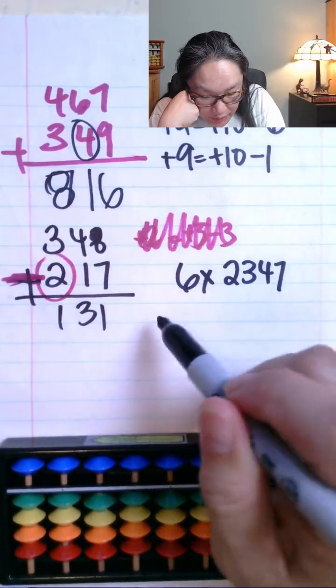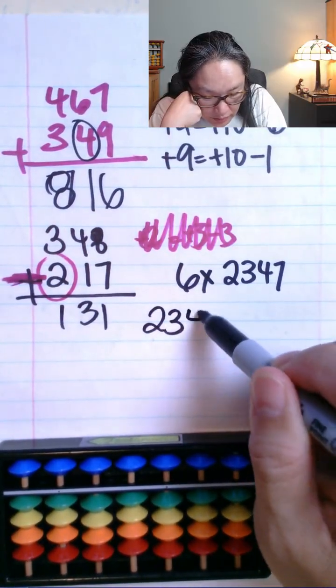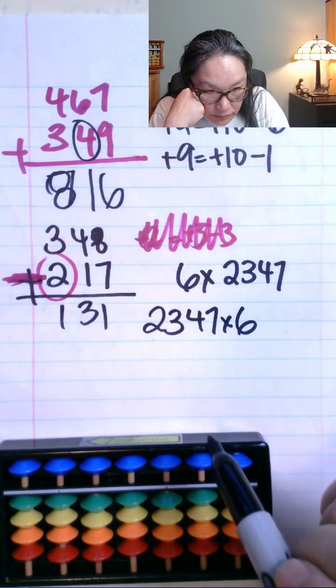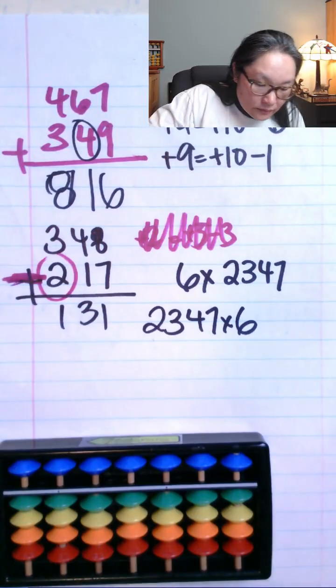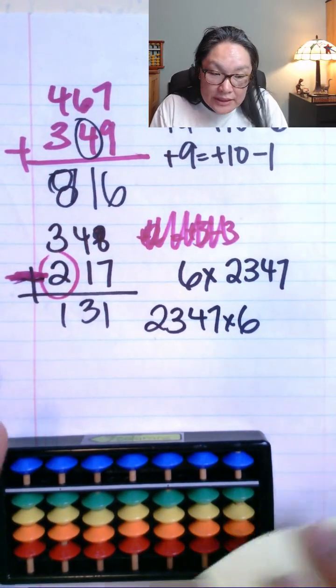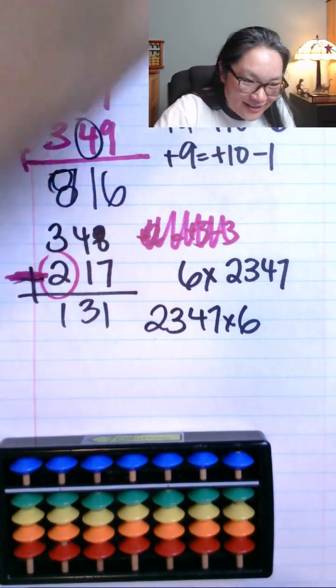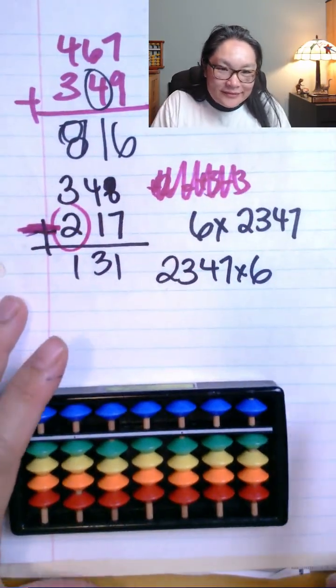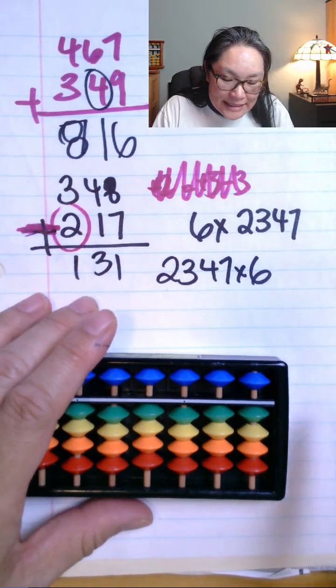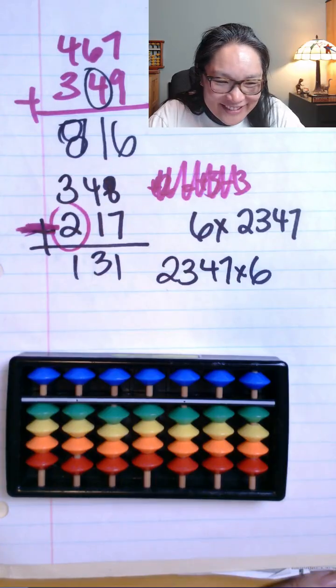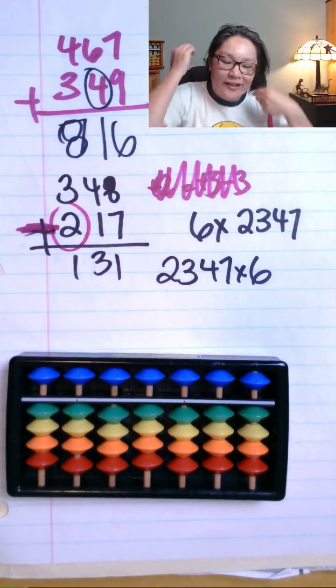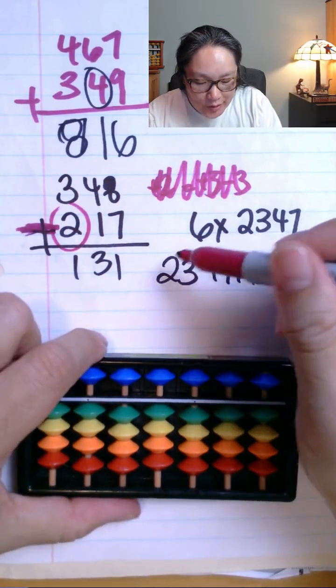Kim, do we want to do this way or this way? The difference is the steps. The first is easier. The first is not easier. Okay, let's do the first one.